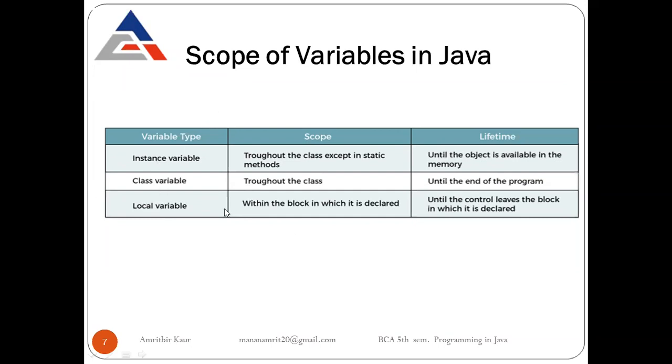Then the local variable, which we define and declare within a block or within a function. Its lifetime ends when control leaves the block in which it is declared, we can say outside the body of a function. For example, we have a program like void sum.